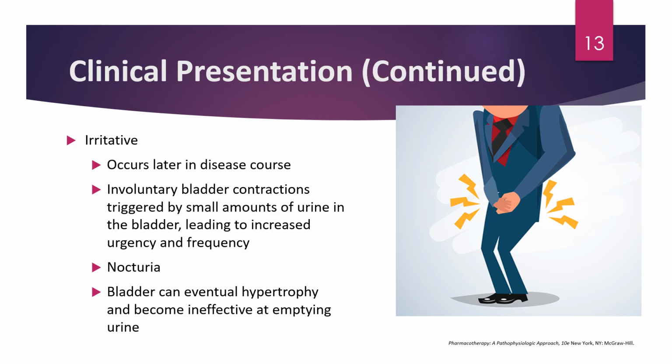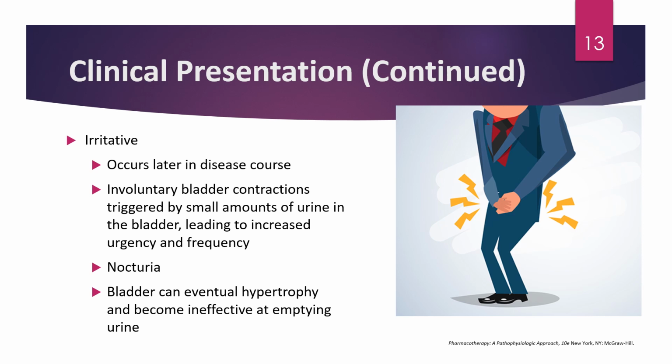We also have irritative symptoms, and these typically happen later in the disease course. This can consist of involuntary bladder contractions triggered by small amounts of urine in the bladder, and this can lead to increased urgency and frequency. So you might actually have a patient with a relatively empty bladder, and these bladder contractions are just basically occurring because a small amount of urine is in the bladder.